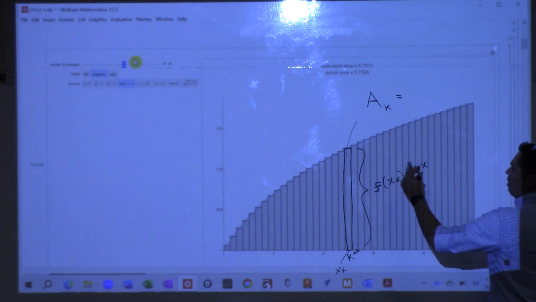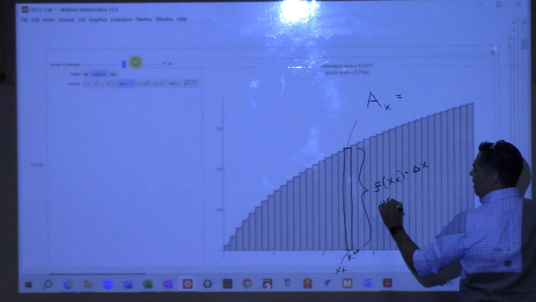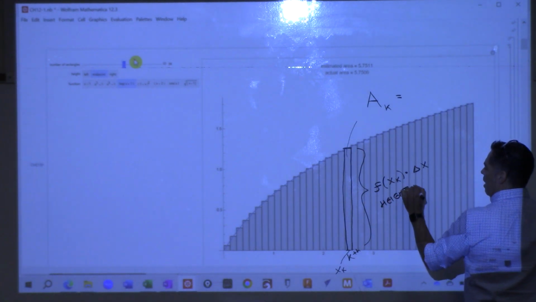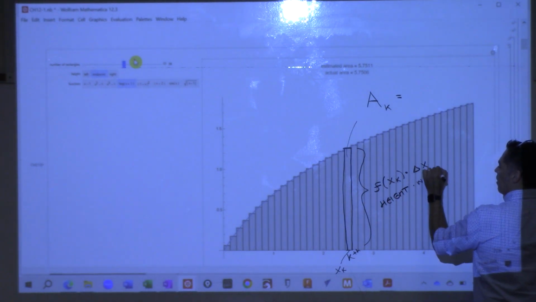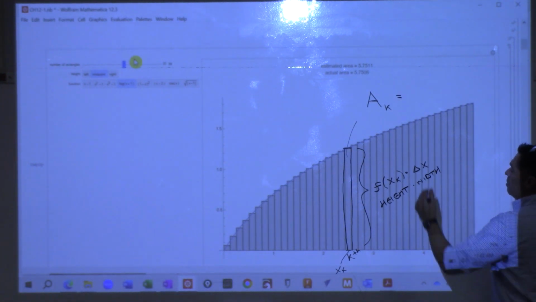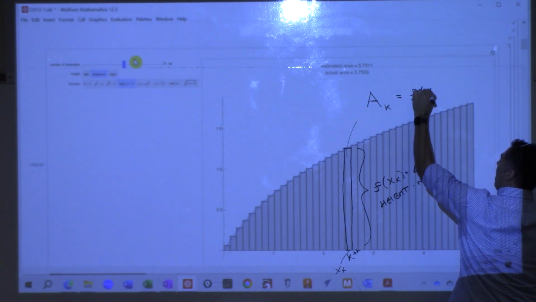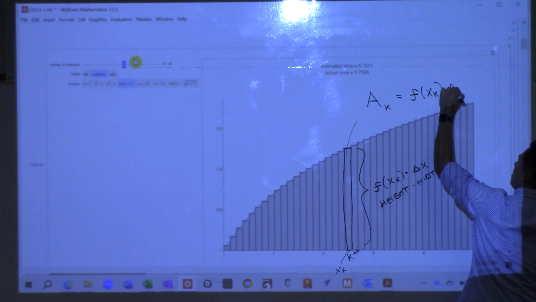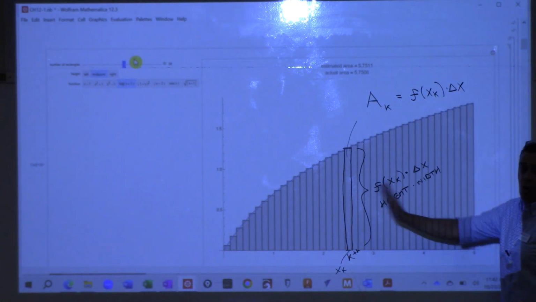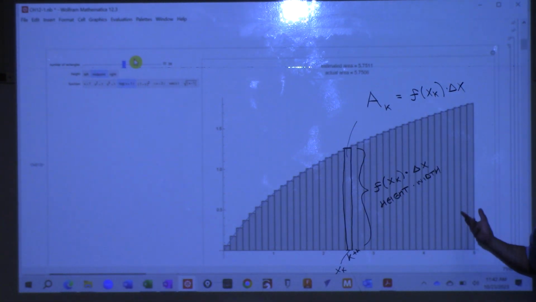So the area of that one is the height times the width, right? This is your height times the width of the rectangle. And then we need to take that and add to it all the others, right? So then we throw a summation in here.